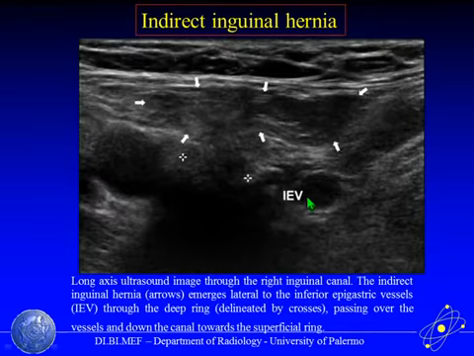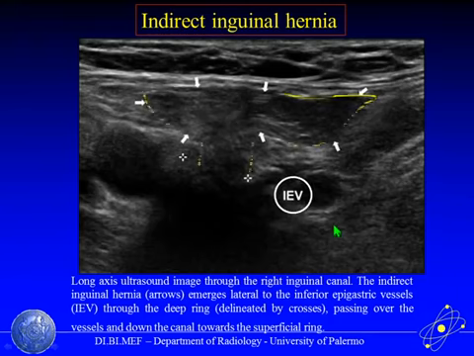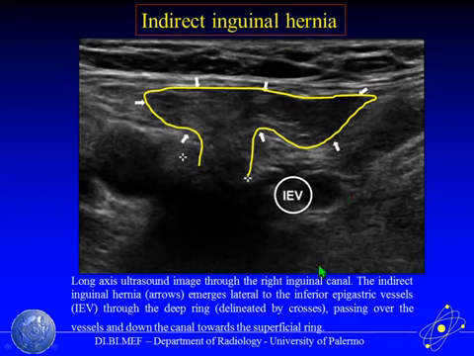We have the inferior epigastric vessels as landmark, and lateral to the inferior epigastric vessels, these structures arising over there, that is an indirect inguinal hernia, lateral to the inferior epigastric vessels that we use as anatomical landmark for our evaluation. Please remember that indirect inguinal hernias usually have a small neck.